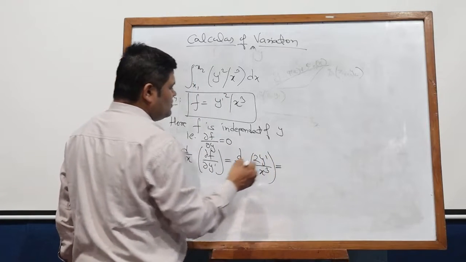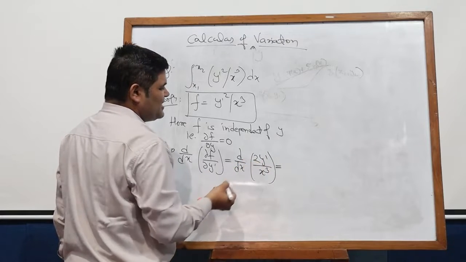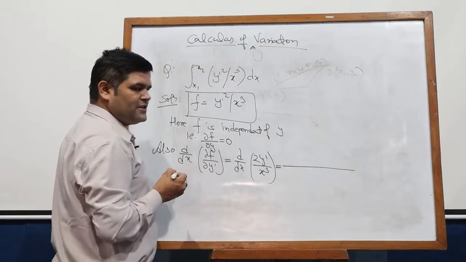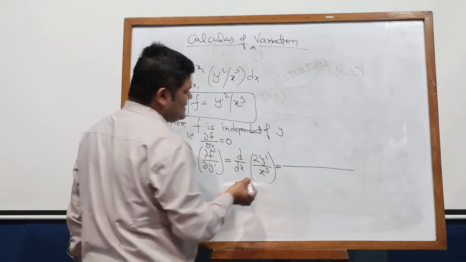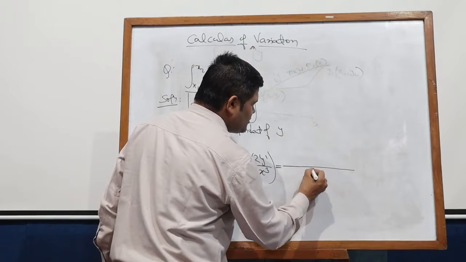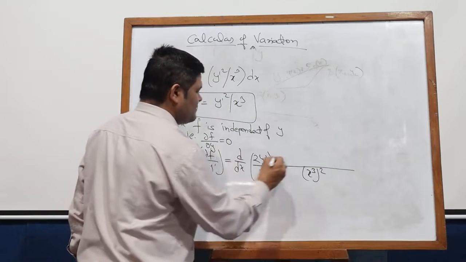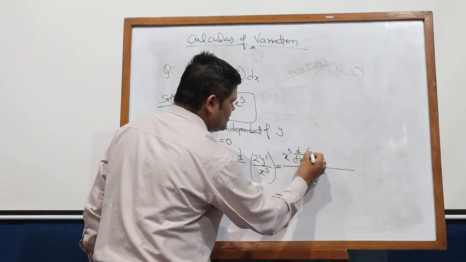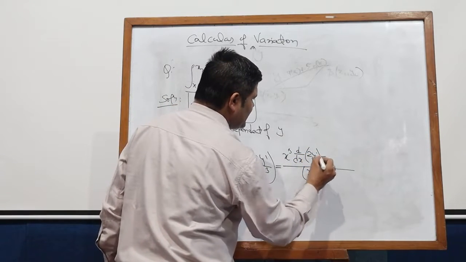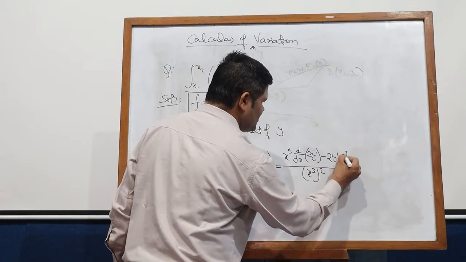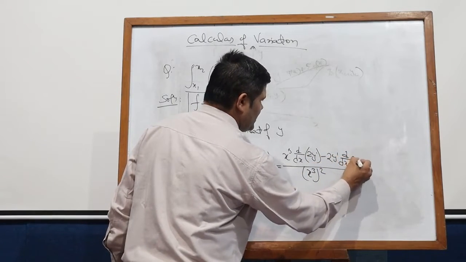Then after that we also differentiate this function. We know the divide rule of differentiation. What is the divide rule of differentiation? First of all, we square x cube, so x cube square, then x cube times the differentiation of 2y dash, minus 2y dash as it is times the differentiation of x cube.